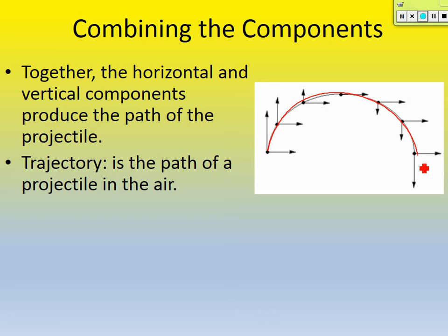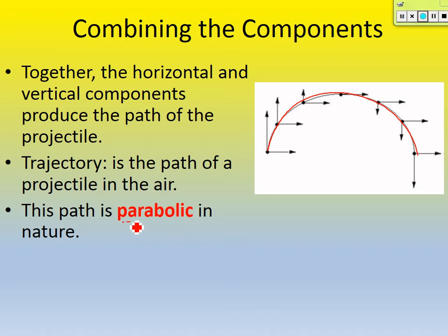An object's trajectory is the path the projectile takes in the air. This trajectory is called parabolic. And we talked about that in the previous video, so I think we'll just move on.